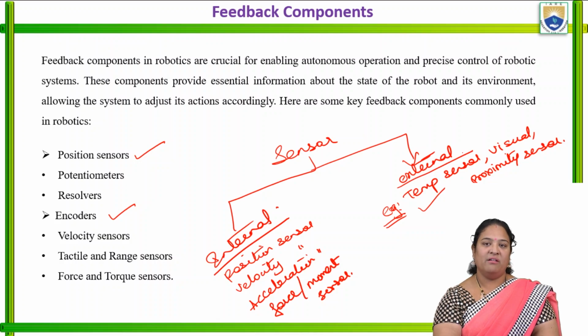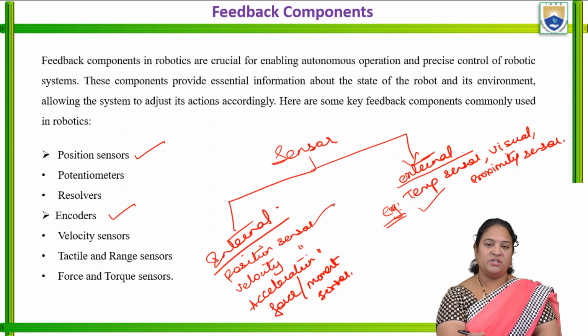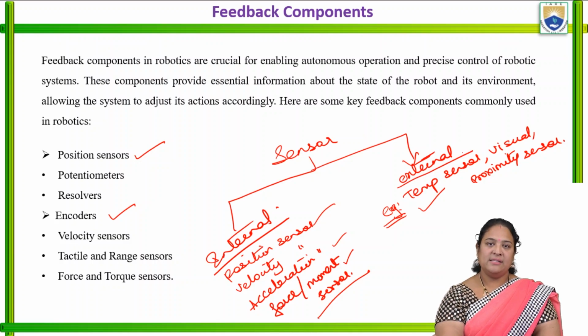In the same way, when the robot needs to move from one place to the other, we require a position sensor. In order to find out the acceleration, or the force and momentum of that particular robot, we need these types of sensors which come under the internal sensor.